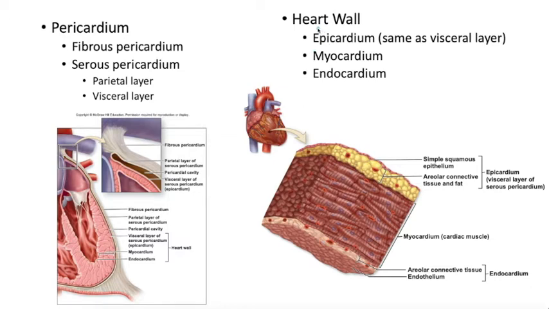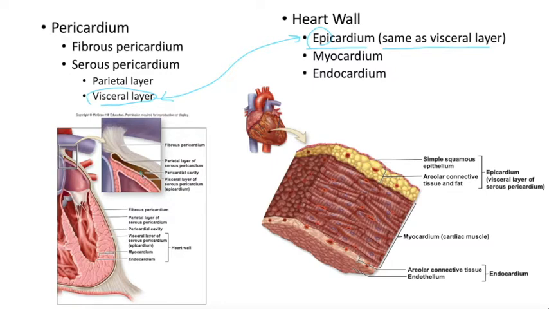The outermost layer, or the most superficial layer around the heart, is called the epicardium. Epi meaning on top of. And that is actually the same structure as the visceral layer of serous pericardium. So the deepest layer of the heart sac is the exact same thing as the most superficial layer of the heart wall, because that's how anatomists sorted it out.